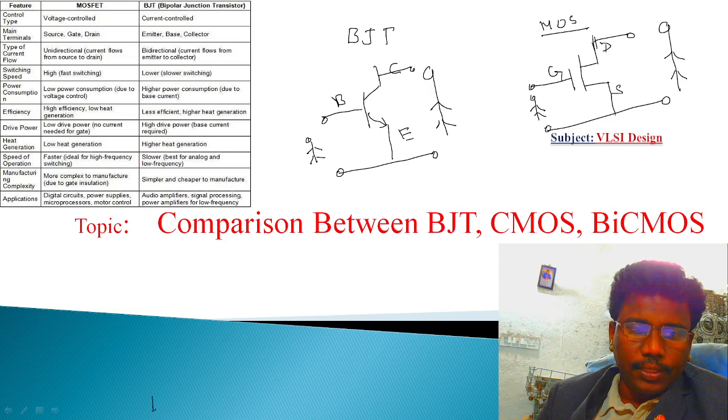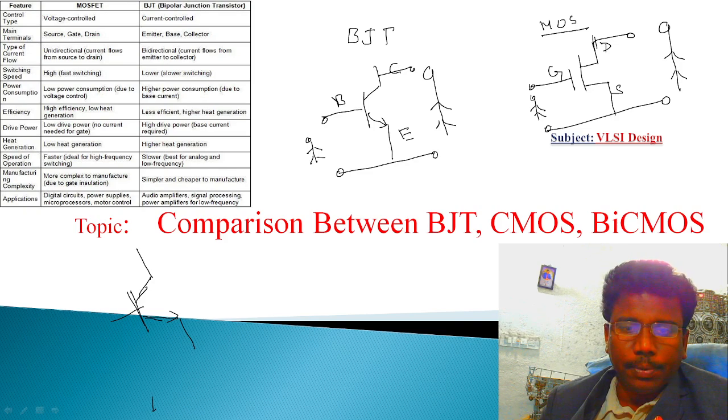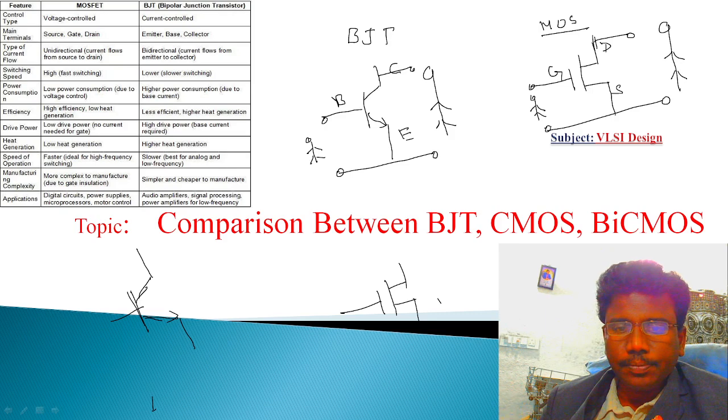Initially they designed the bipolar transistor using either a P substrate or an N silicon substrate, but the fabrication process is different compared to the MOS, metal oxide semiconductor device.